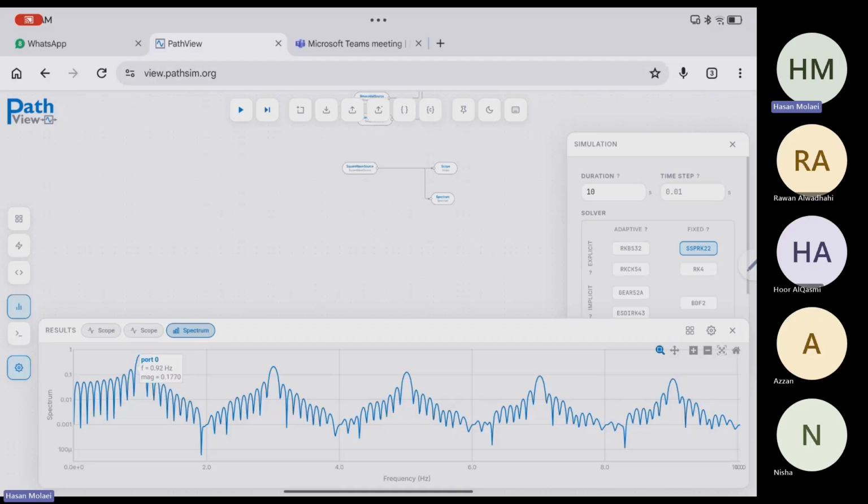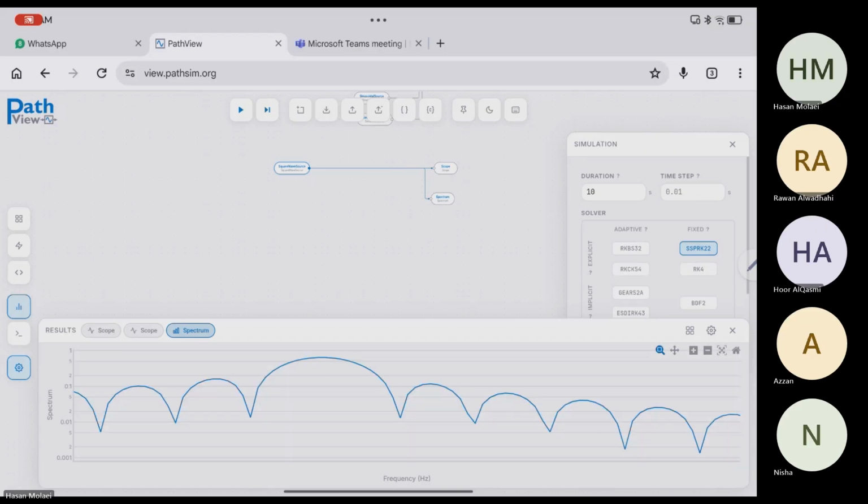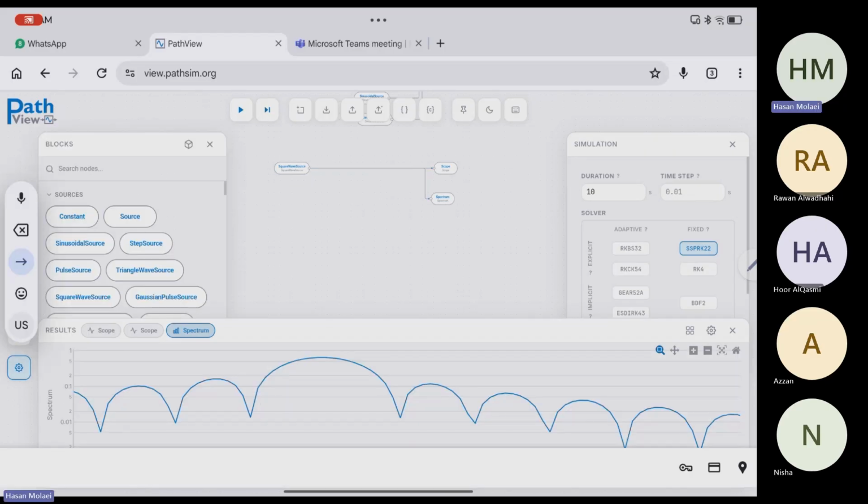Suppose I want to find this sinusoid. I can filter this. Right now you have no idea about filters. Just know I want to take this signal out, this one. I find one low pass filter.